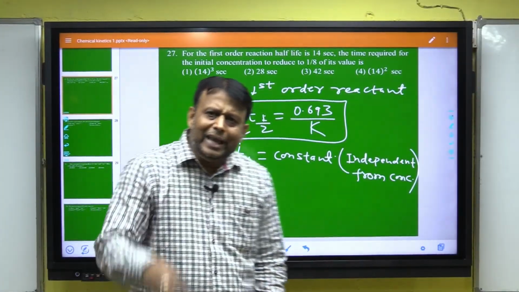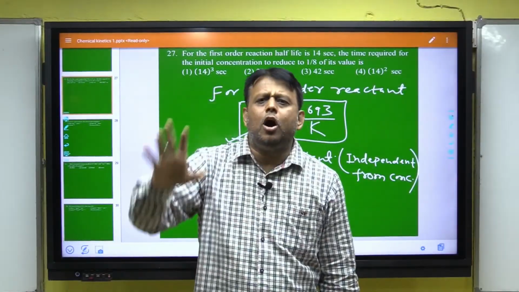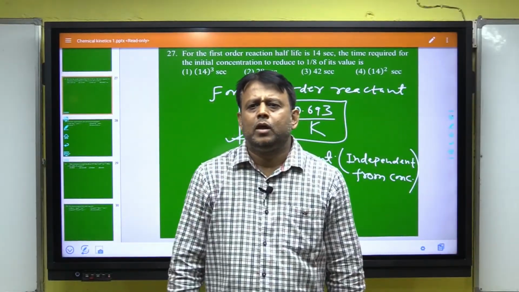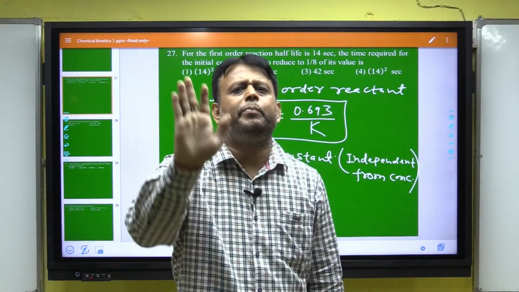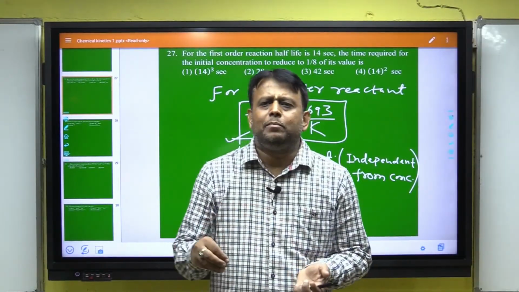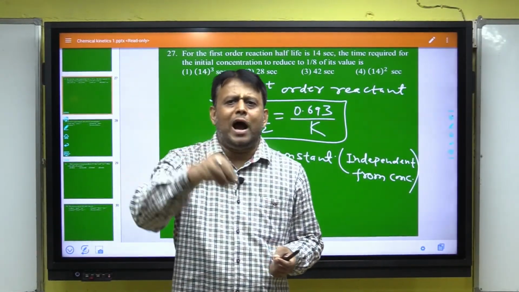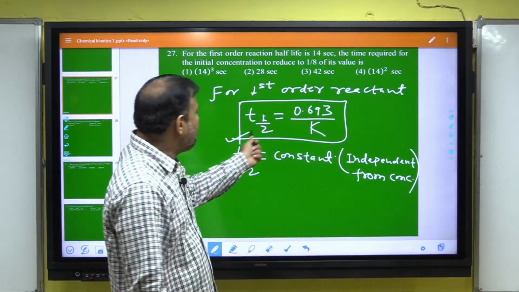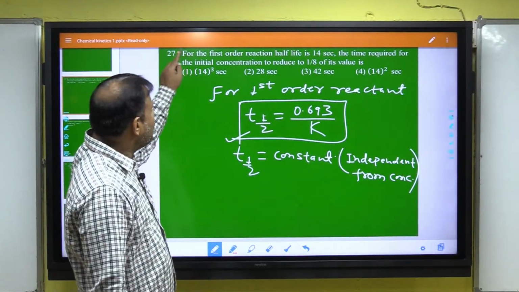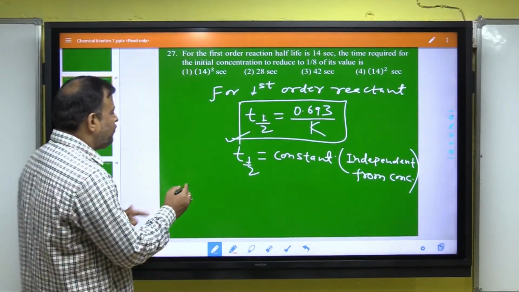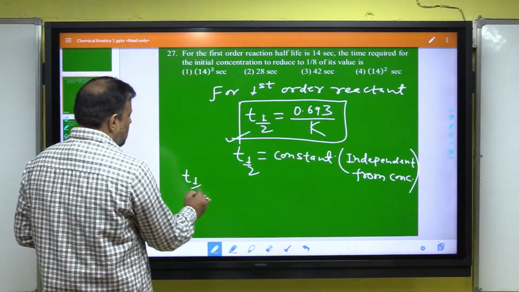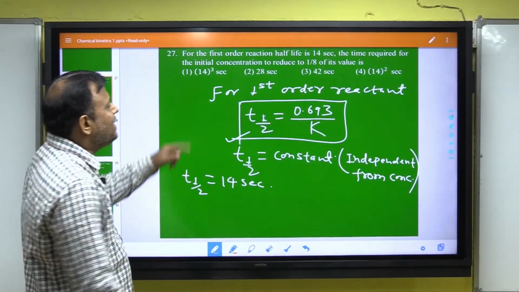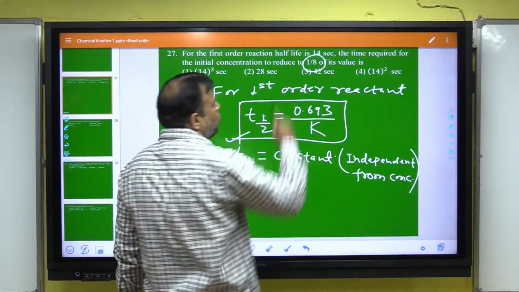That is, any conc of a first order reactant will be halved in a fixed time. If half life is, let us say, 5, then 1 gram becomes half gram in 5, and 10 gram becomes 5 gram in 5, because half life is constant. Clear? And in this question, half life is given as 14 seconds. Okay. Next, the time required for initial conc to be reduced to 1 by 8.